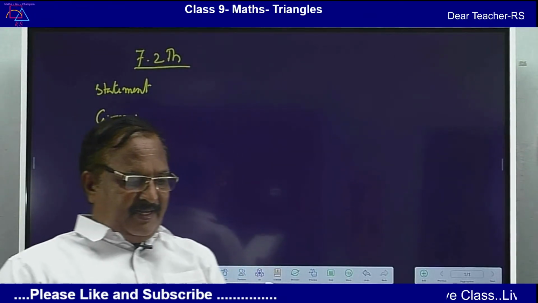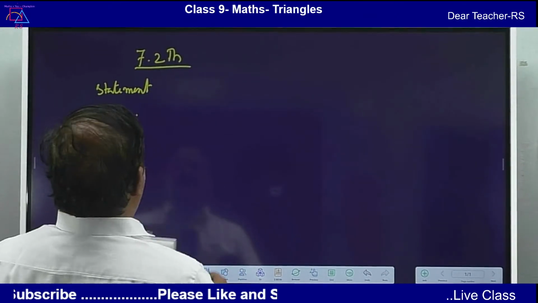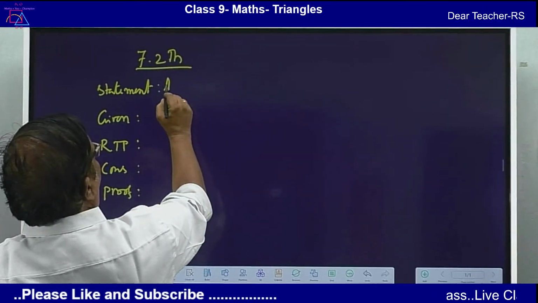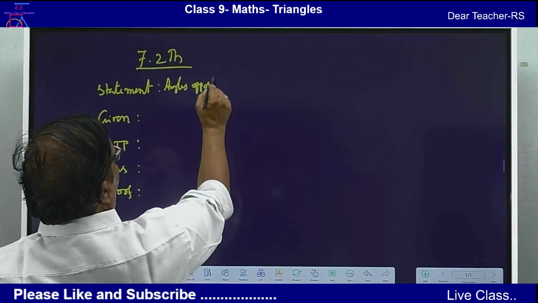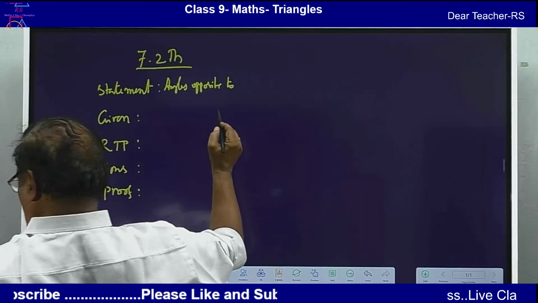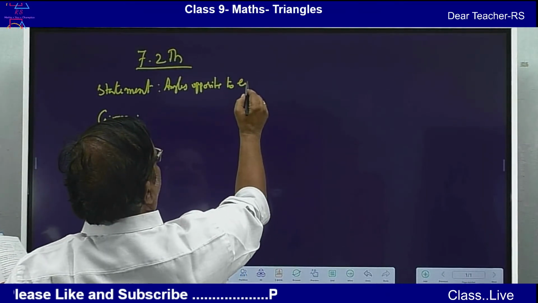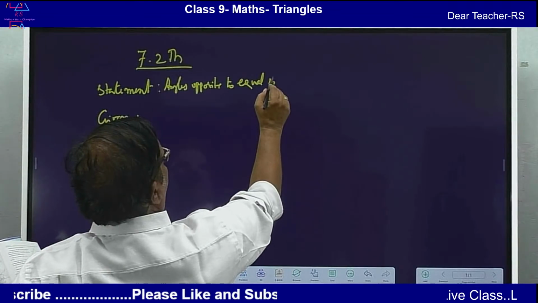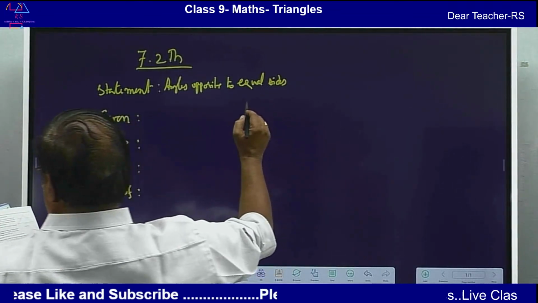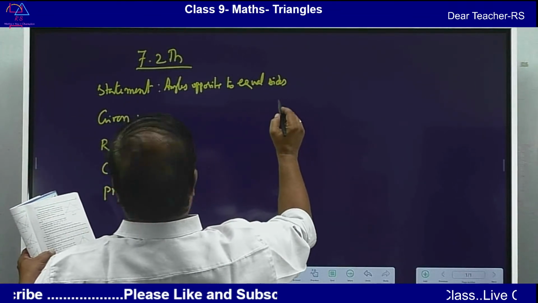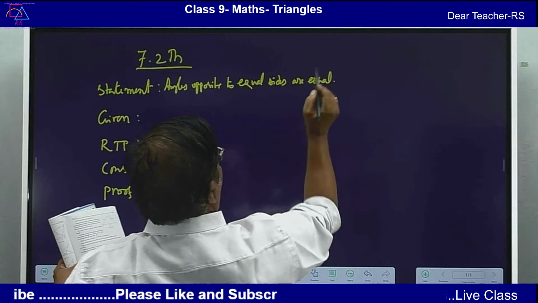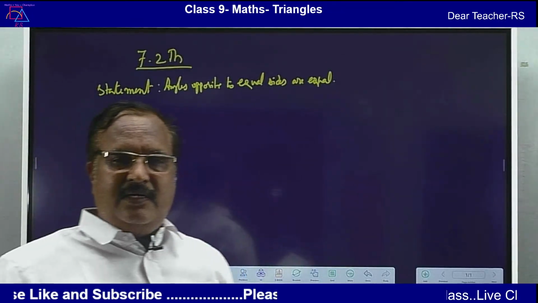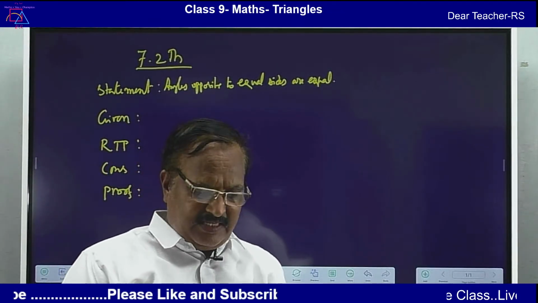So in this theorem, angles opposite to equal sides are equal. That means he added one more word also. I did not write that word.